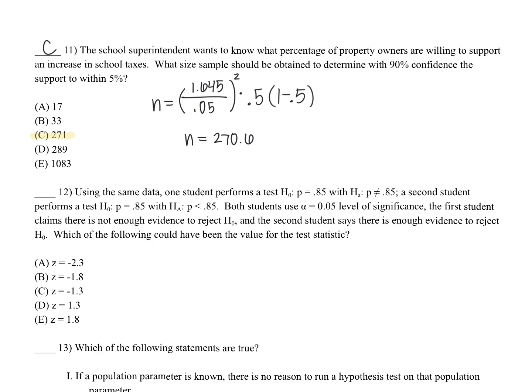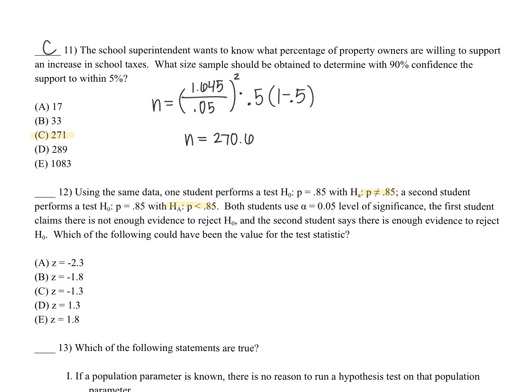Here's one thing we want to pay attention to: the alternative hypothesis. It's does not equal, and less than 0.85. When we're trying to figure out our test statistic, we're going to go based off the second student because they specified a direction.